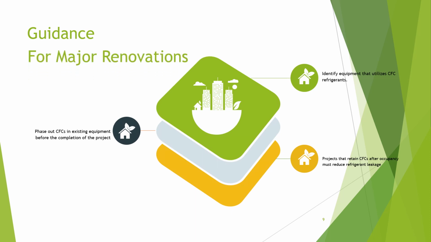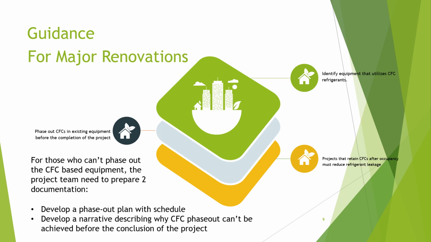And for a major renovation project, the project team needs to inventory all the HVAC&R systems that utilize CFC, and then either phase out the use of CFC or reduce the leakage of the refrigerant. There is also a scenario where the use of CFC cannot be phased out before the conclusion of the project, and we should do the following steps to address this scenario.